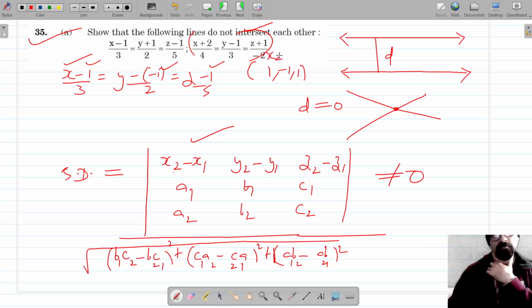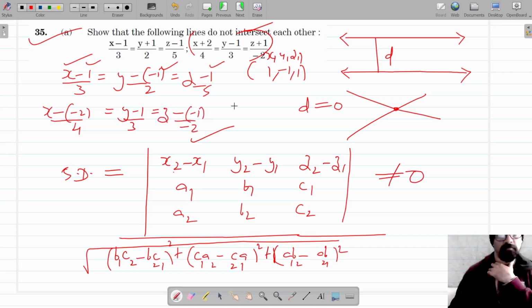These are our x1, y1 and z1. For the second equation, x minus of minus 2 by 4 is equal to y minus 1 by 3 is equal to z minus of minus 1 by -2. And the point through which it passes is -2, 1 and -1. So this is x2, y2 and z2.